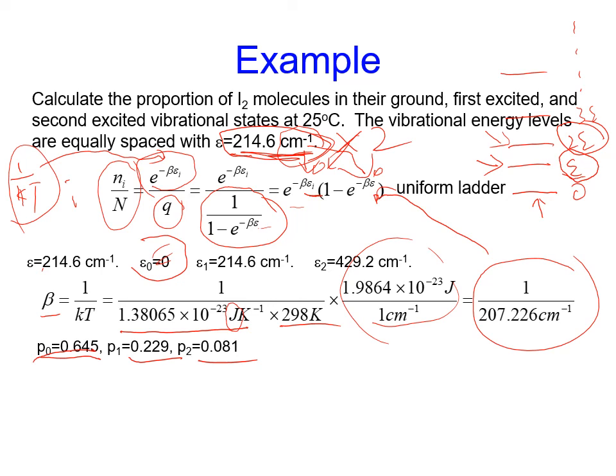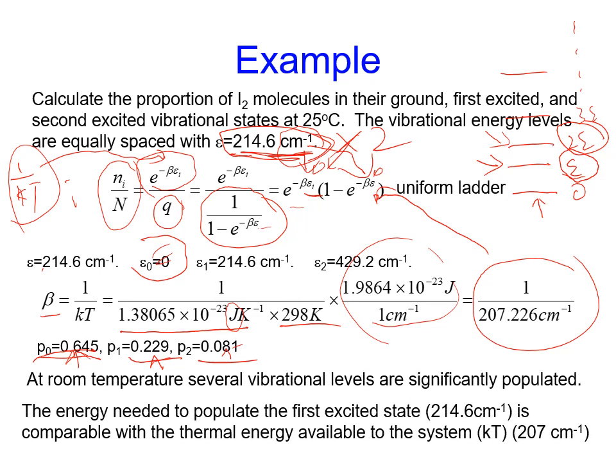So the majority of the molecules are in the ground state, then the first excited state has 22%, and the third energy level, or the second excited state, has 8%. So at room temperature, several vibrational energy levels are significantly populated. Now, if you compare the energy difference from the ground state to the first excited state, the energy difference is epsilon, which is 214.6.